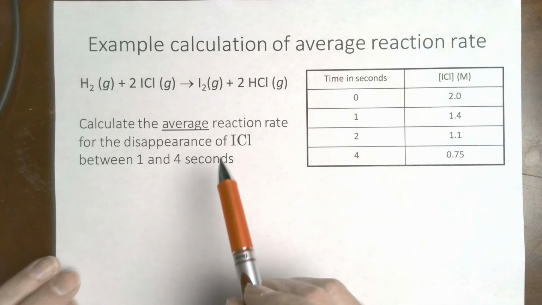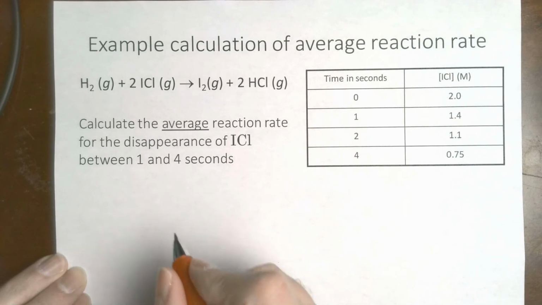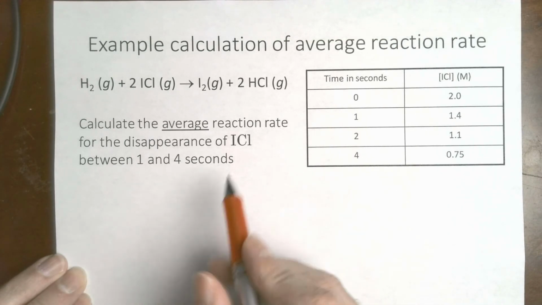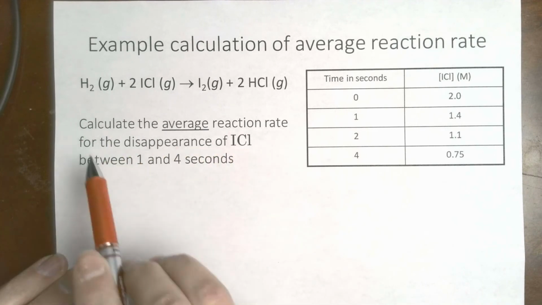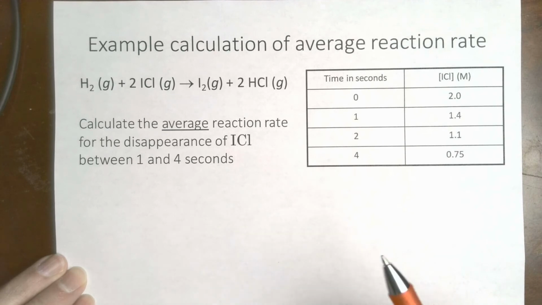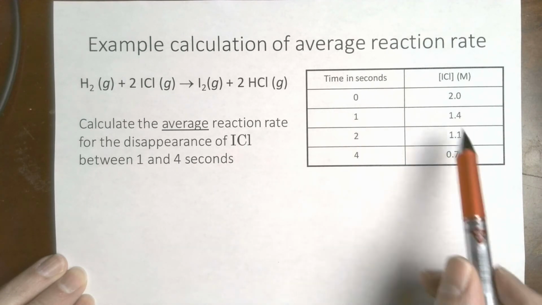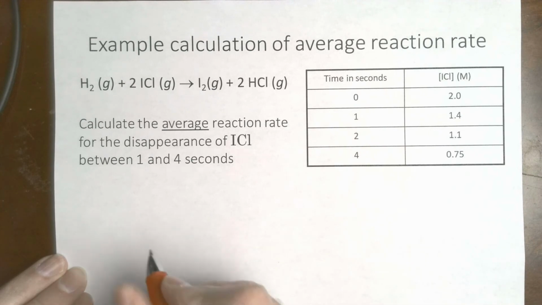We want to look at the average reaction rate for the disappearance of ICl between 1 and 4 seconds. The first step is to write the average rate expression for the disappearance of ICl, and then use the data in this table to calculate what the rate would be.